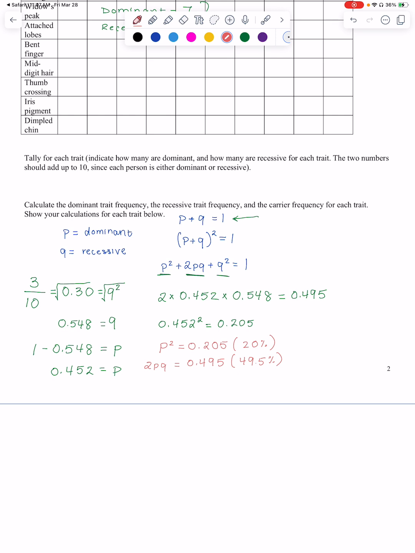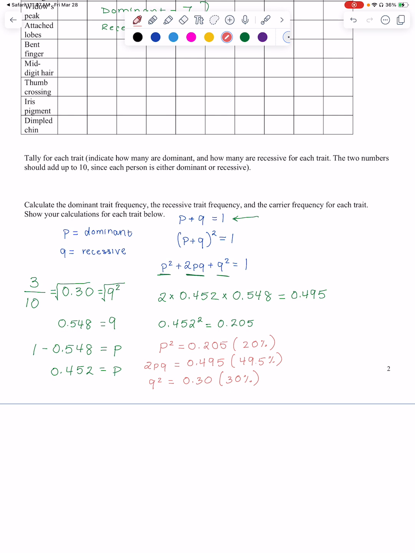And the very first number that we calculated was our q squared number. And we knew that was 0.3, which is equivalent to 30%.